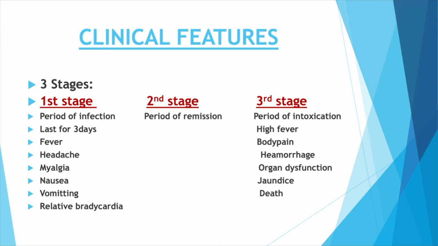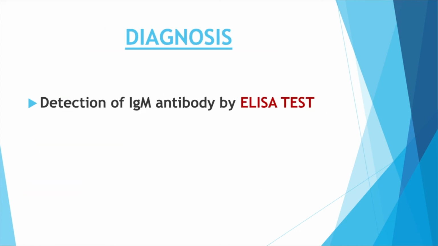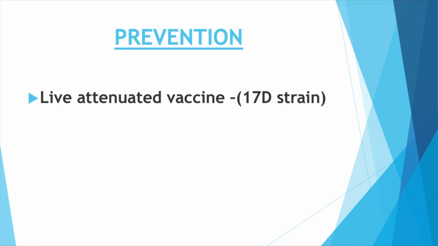Symptoms: high fever, body pain, hemorrhage, organ dysfunction, jaundice, finally death. Diagnosis: detection of IgM antibody by ELISA test. Prevention: live attenuated vaccine 17D strain.